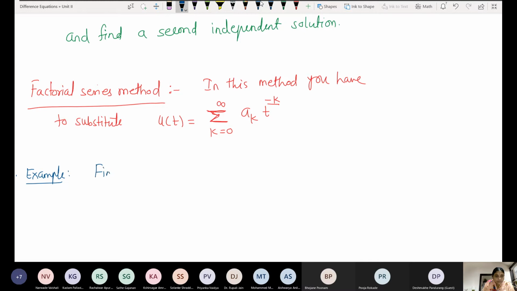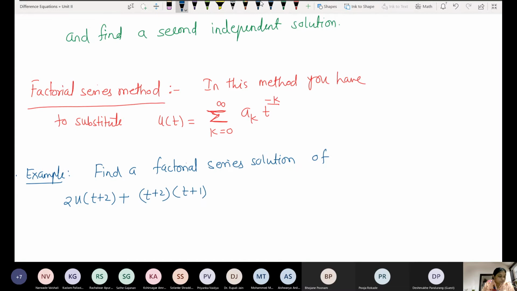Find a factorial series solution of the difference equation 2 times u at t plus 2, plus t plus 2 times t plus 1, u at t plus 1, minus t plus 2 times t plus 1, u at t is equal to 0.